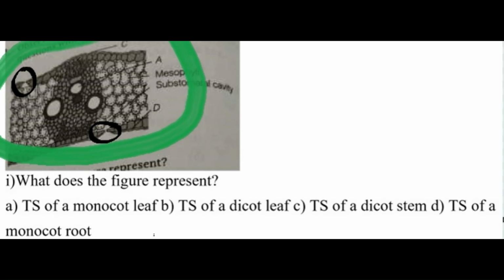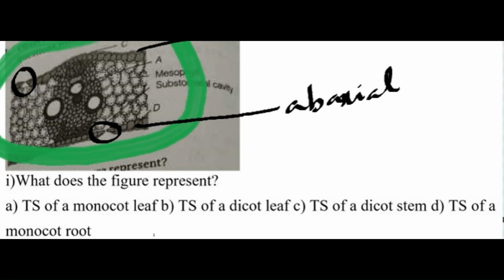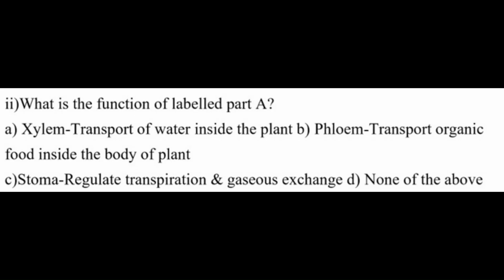That means it's an isobilateral leaf, where the stomata is present in both the adaxial epidermis and the abaxial epidermis. So it is a monocot leaf. So the answer is it's a TS of monocot leaf. That is the answer. So the function of labeled part A is xylem, transport of water inside the plant.